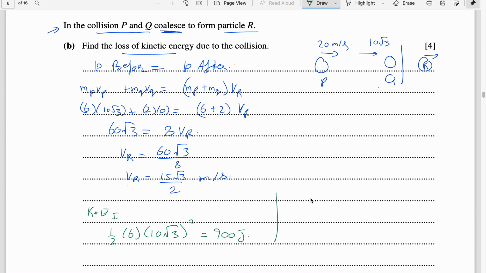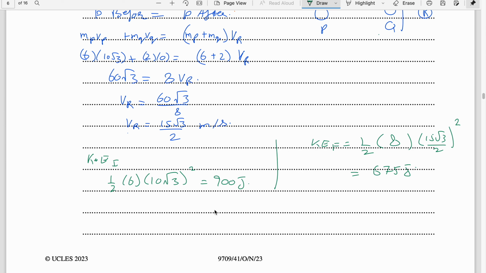On the other hand, kinetic energy final is 1 by 2 mass of R, which is 8, and speed of R, which is 15 square root 3 by 2 whole squared, is 675 joules. So the loss in kinetic energy, this was the initial, this is final. So 900 minus 675, it loses kinetic energy of 225 joules.